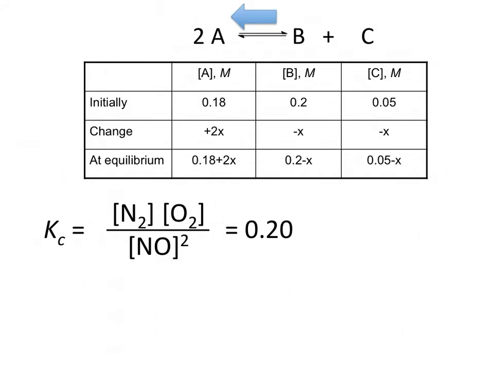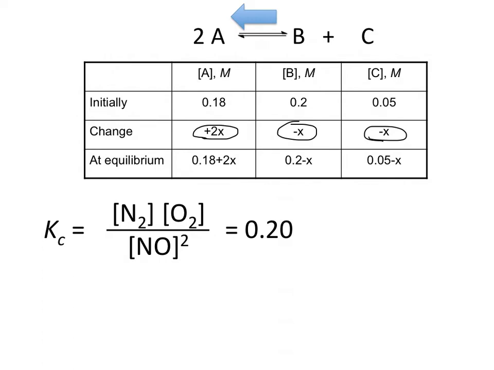So now, since my reaction is going in the reverse direction from products to reactants, I'm going to write a negative x to represent the loss of my products, and a positive 2x for gain of reactants.